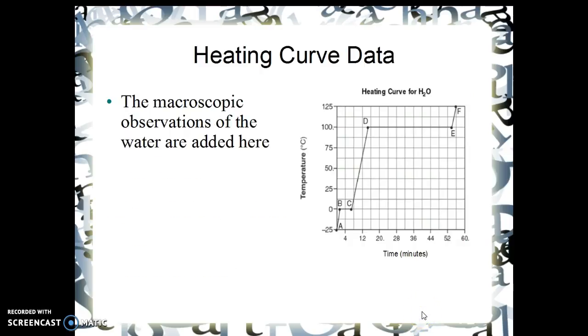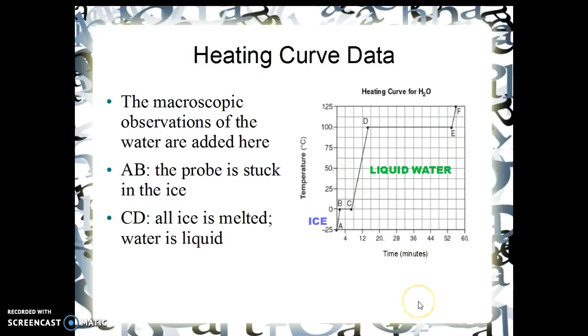The macroscopic observations should also be added, and you should have made those in your investigation. You probably noticed that between A and B, the probe is kind of stuck in the ice or in the ice slush. At CD, the temperature is going up and you have liquid water. There is no ice remaining at all.